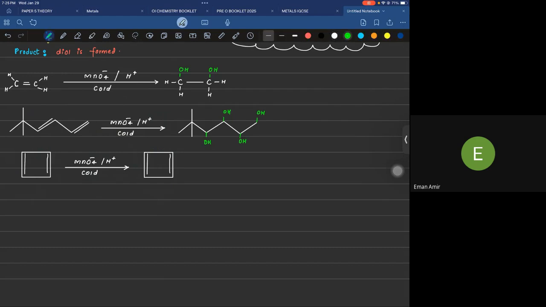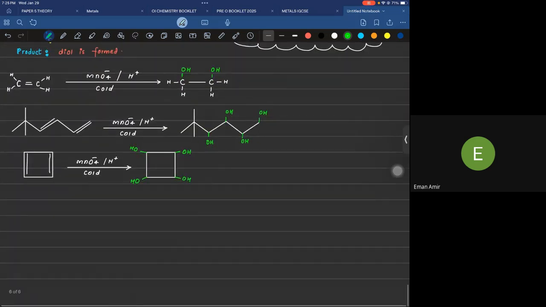Obviously I would be removing the double bond and adding OH and OH. That's it, this is your product. So the concept is: remove the double bond and attach OH.